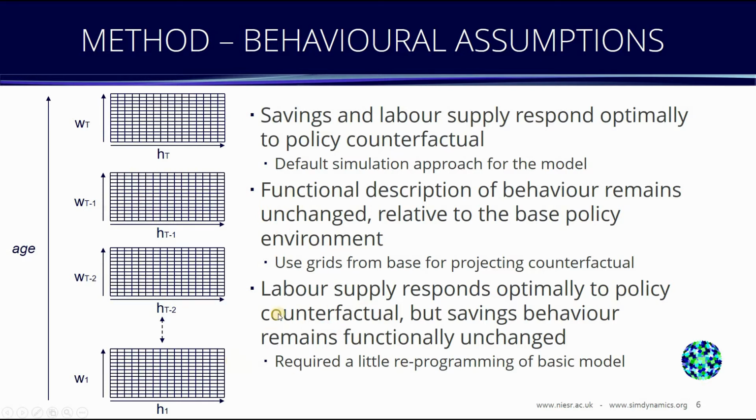Now, this third alternative, in which labour supply responds optimally to the policy counterfactual, but savings behaviour remains functionally invariant, required a little bit of reprogramming of the model, and it's that reprogramming that we'll refer to in this tutorial. By doing so, you will hopefully gain an appreciation of where the optimizing routines are and how this grid structure is actually appearing in the model structure, so that you can adapt these things for your own purposes.